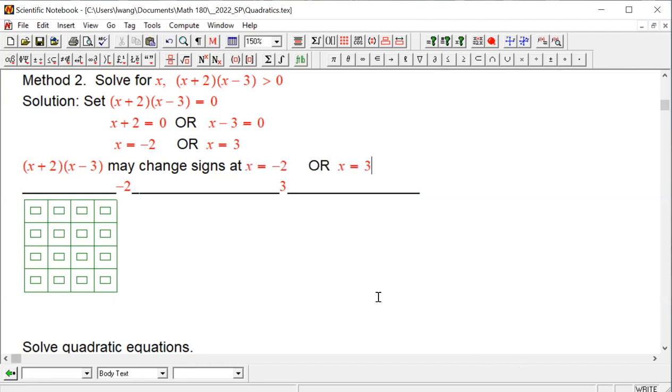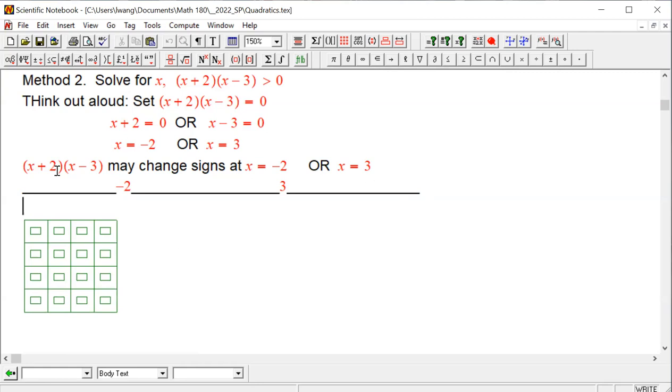So that's why, let me just think out loud on scratch paper. I will show you how to work with this method. We know that these are going to change sign. Once we identify these two numbers, we know that at these two numbers the product is 0, and we don't want it 0.